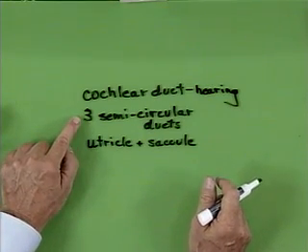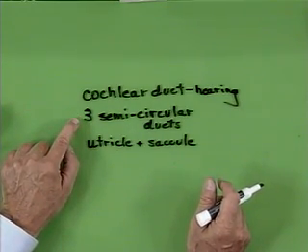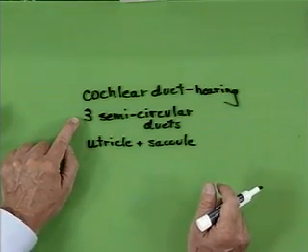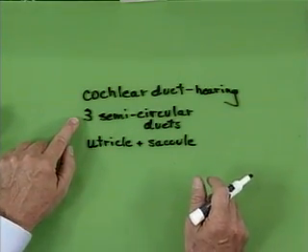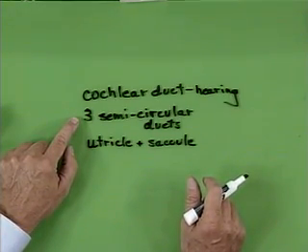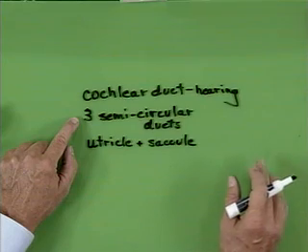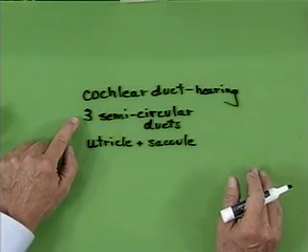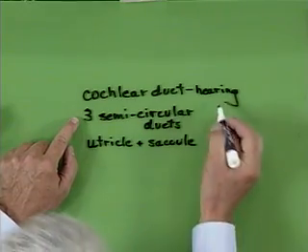The three semicircular ducts generate impulses in response to turning and twisting kinds of motions. So when those impulses reach the brain, our interpretation is, hey, we turned to the left or right or torqued our head in some other direction.